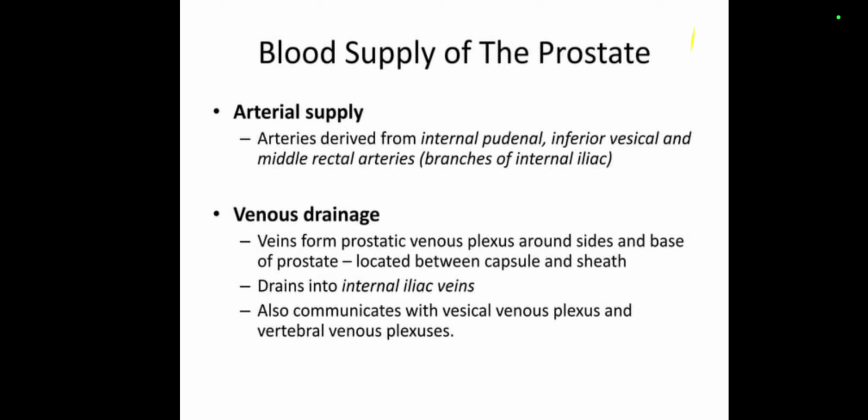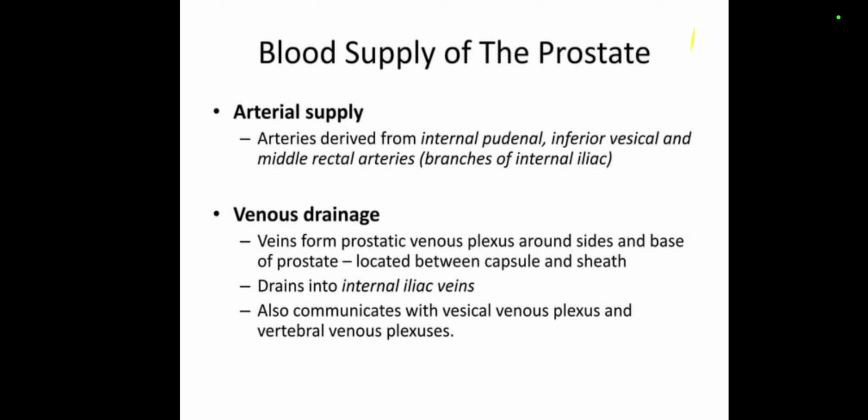So what are these inferior vesical and pudendal arteries? Basically, the inferior vesical artery is a type of artery in your pelvic area, in the anterior division, and it is found in the internal iliac artery. When we say iliac, it is in the area of your hip.